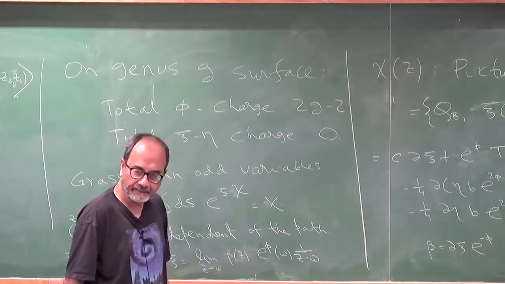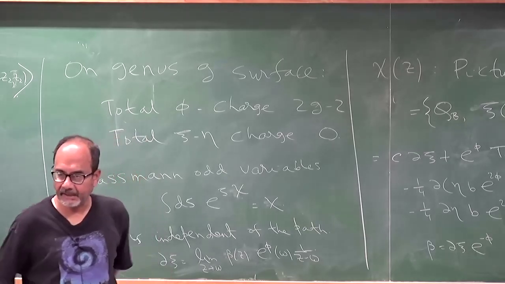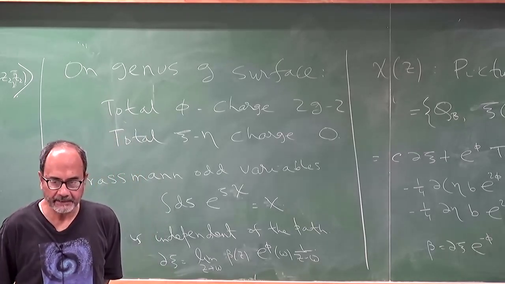This is a perfectly valid definition. If you knew the beta gamma and delta gamma correlation, you can always calculate the del xi correlation function this way.